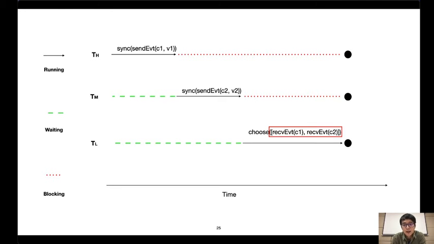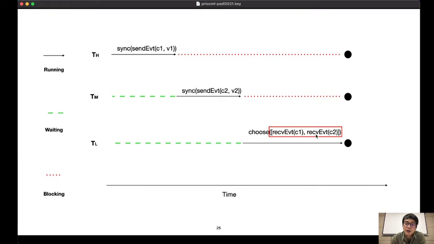And if we don't consider all of these, which is what CML is currently doing, it will try to pick either one of them non-deterministically.